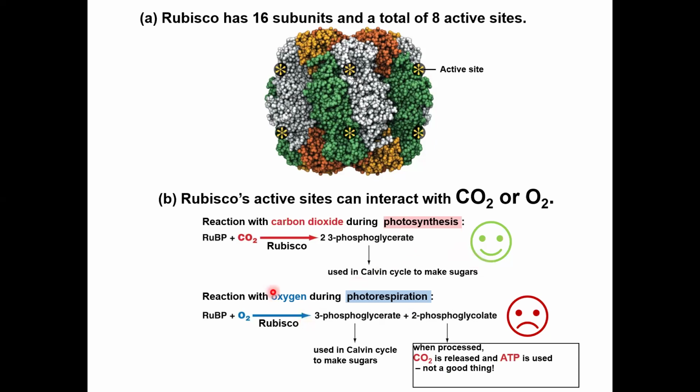But when it reacts with oxygen during photorespiration, these components get formed, but there's also another one. When it's processed, it's just using up the ATP, and it's not actually a good thing for the cells themselves.